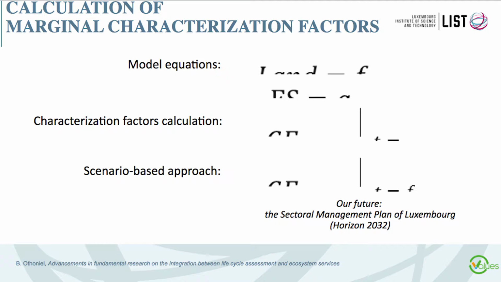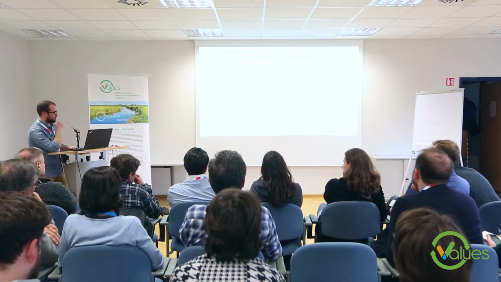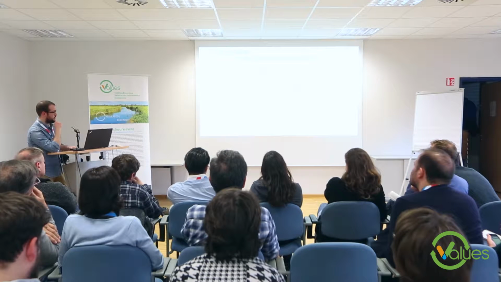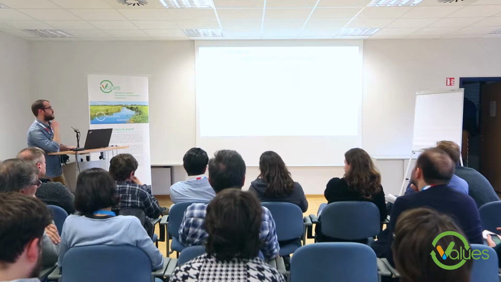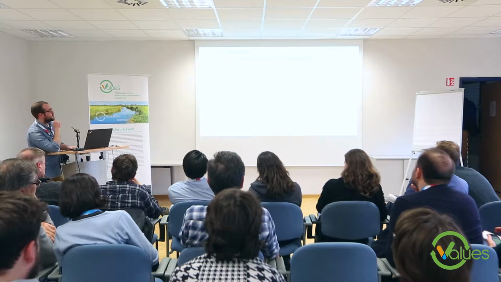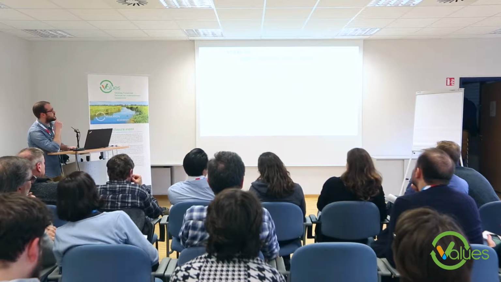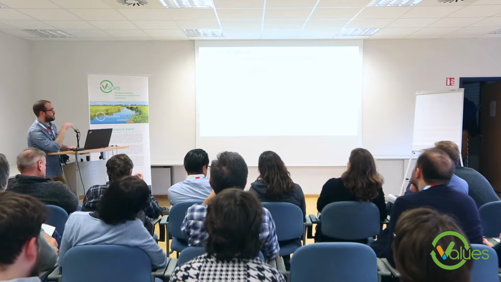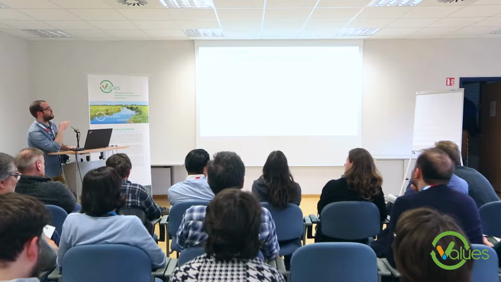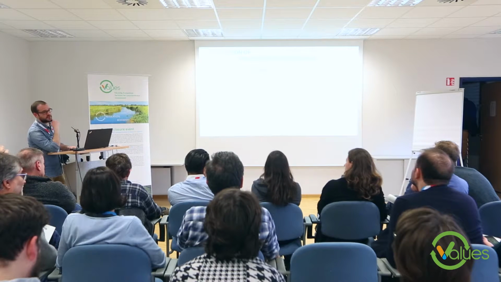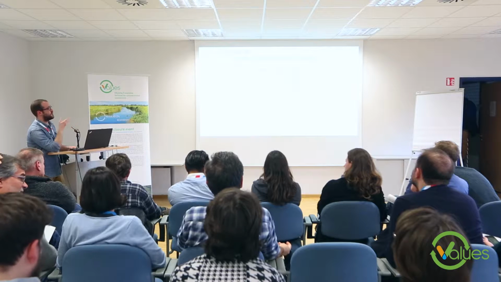Then, to fulfill the objective of values, we translate this model into characterization factors. Behind that there is a methodology we've been working on for a while now, and we are going to submit it very soon. I will go quickly: we model land as a function of different land demands, and ecosystem services as a function of land.